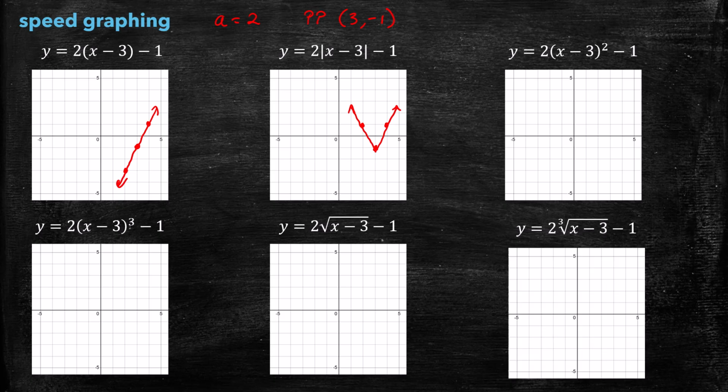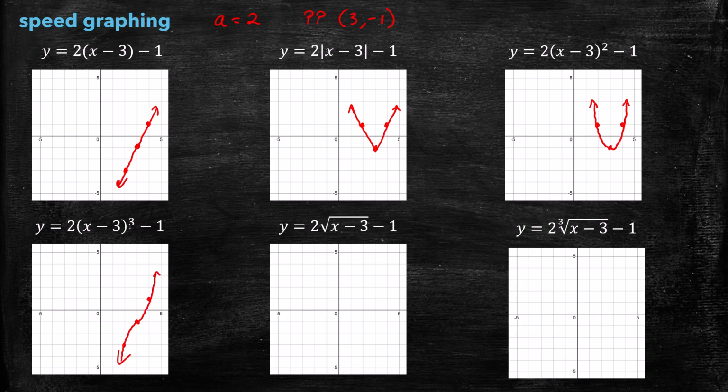For the quadratic function, 3, -1, the points are identical to the absolute value, except that you know the shape has to look like a parabola. What about the cubic function? 3, -1. Like the linear function above it, the symmetry is such that you go right 1, up 2 and left 1, down 2. But now don't just connect them with a straight line. You've got to add that little squiggle in.